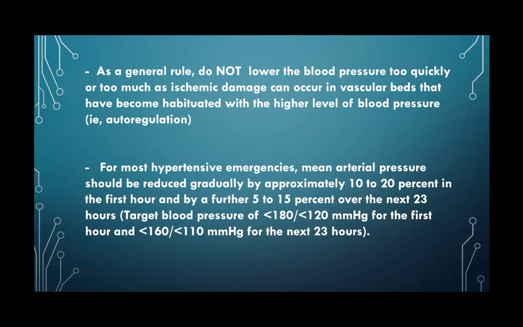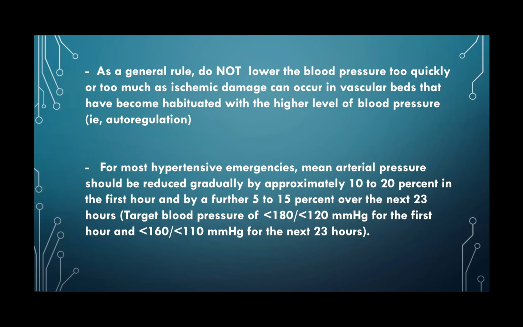So for most hypertensive emergencies, you want to reduce the blood pressure gradually. The usual target is about 10 to 20% in the first hour, and then over the next 23 hours, usually by 5 to 15%. In the first hour, a target of systolic less than 180 and diastolic less than 120 is acceptable.